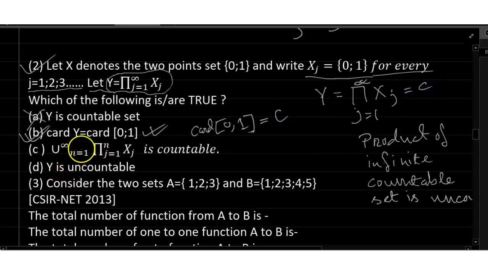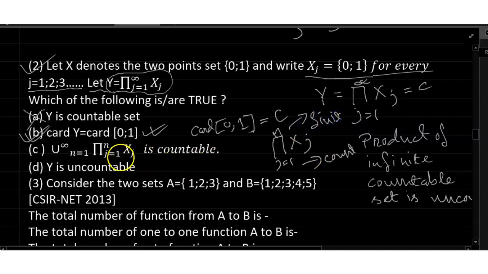And the union of n = 1 to infinity of the product j = 1 to n of Xj, is it countable or not? Must remember friends, the product of j = 1 to n of Xj is countable. How? Because this is not infinite, it is a finite multiplication, a finite product.